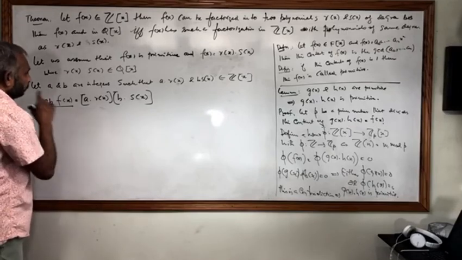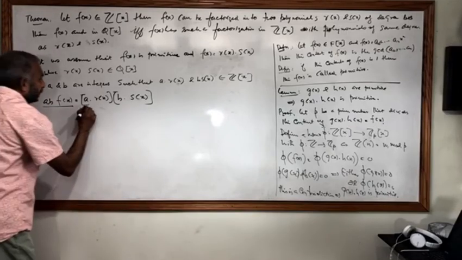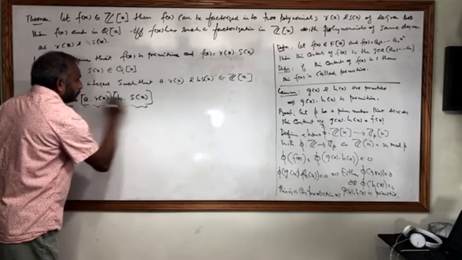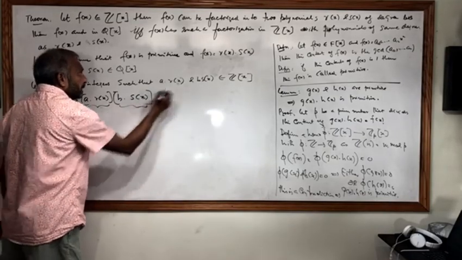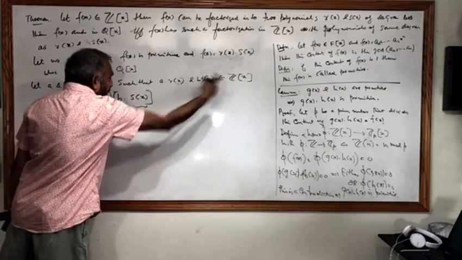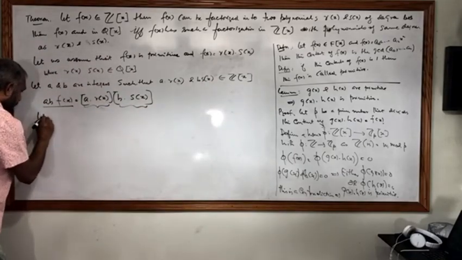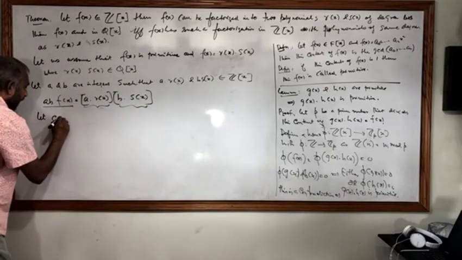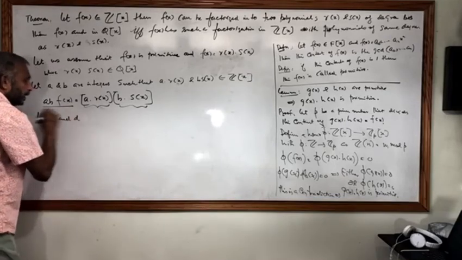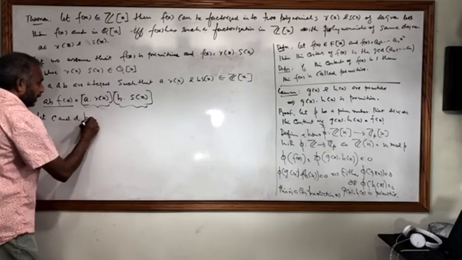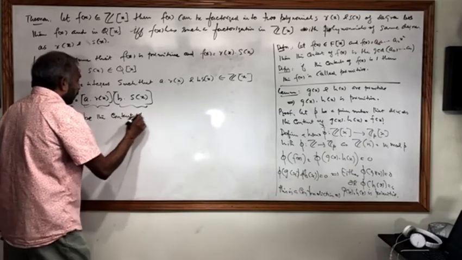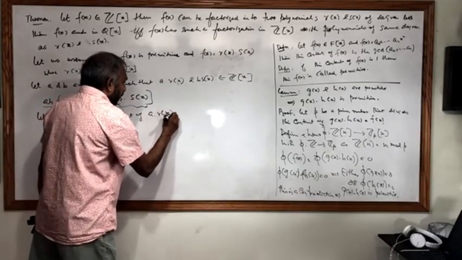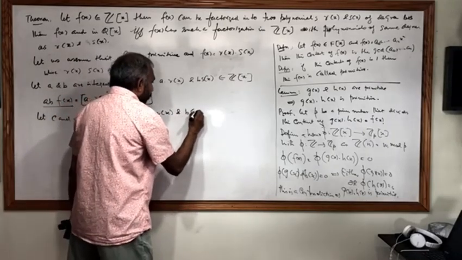Okay, now these two polynomials are in Z of x. So let c and d be the content of a times r of x and b times s of x.